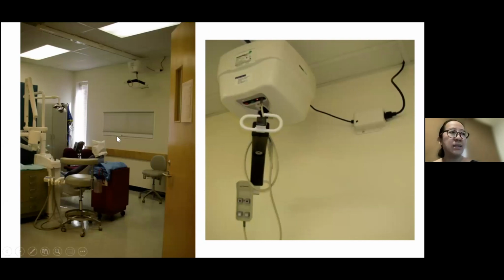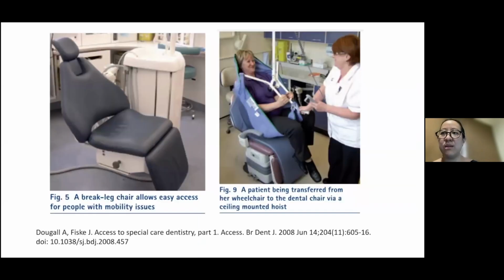So it looks like this with the hydraulic function, just up and down, left and right, that's all. And this is the chair, with 4 hinges or 5 hinges. There's a ceiling lift and there's also a portable lift as well.